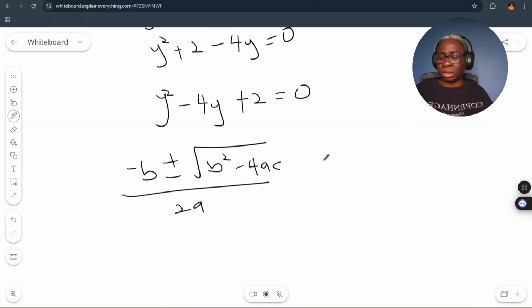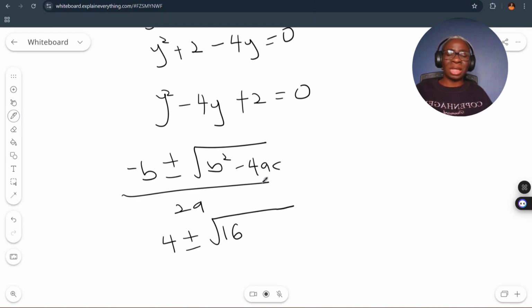Computing this for our equation, minus b is 4, so we have 4 plus or minus the square root of negative 4 squared, which is 16, minus 4 times a, which is 1, times c, which is 2.